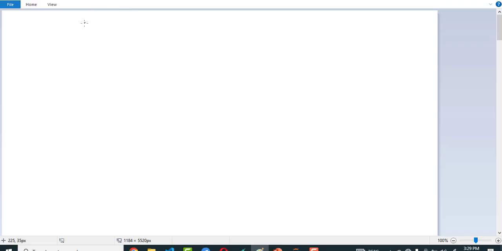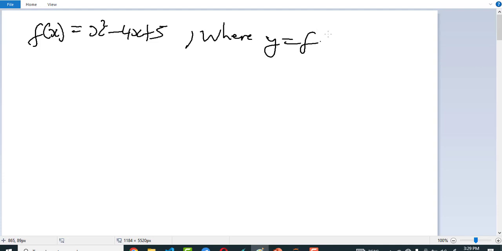Right, let us take a look at a practical example of gradient descent, assuming that we have a function f of x equals x squared minus 4x plus 5. And remember, y is equal to f of x. So we can plot a graph with some values.